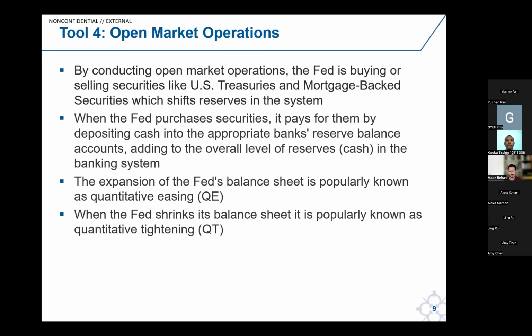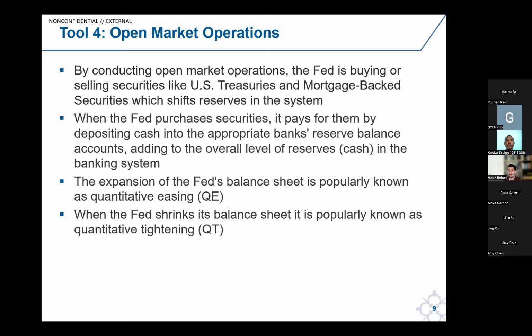Great. So tool number 4, which is the open market operations. And here we're talking about the supply side of that supply demand curve that I started the conversation with.